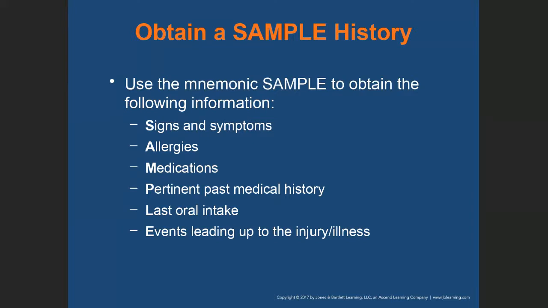The signs are what you see, hear, smell, and what can be measured. The symptoms are what the patient tells you. So you should know what that is at this stage.